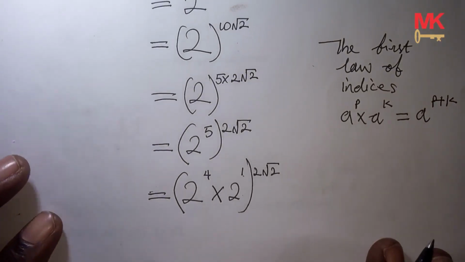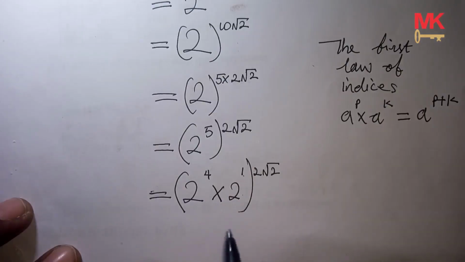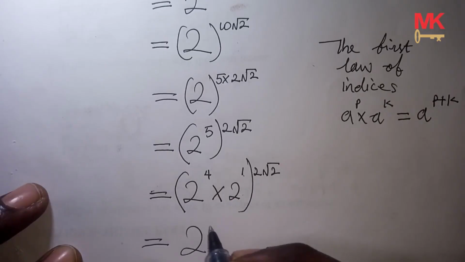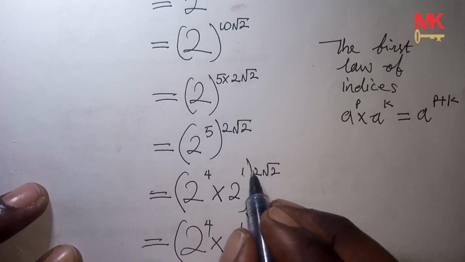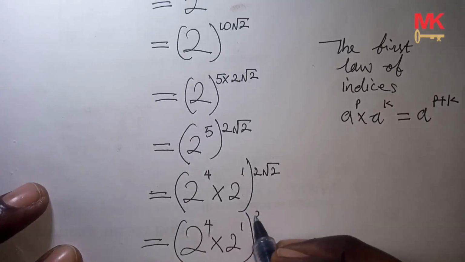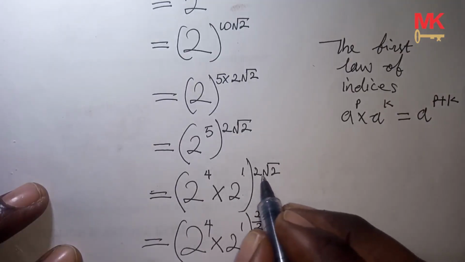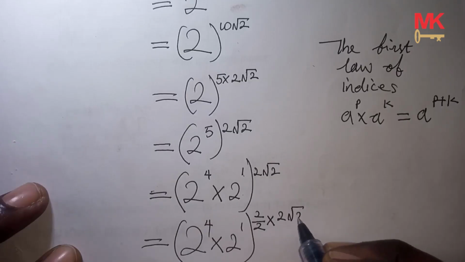So at this point, what we're going to do now is to manipulate this. We're going to rewrite this as 2 raised to power 4 times 2 raised to power 1. We're going to manipulate this by introducing a 2 over 2 times this power we're having here, that's 2 root 2.